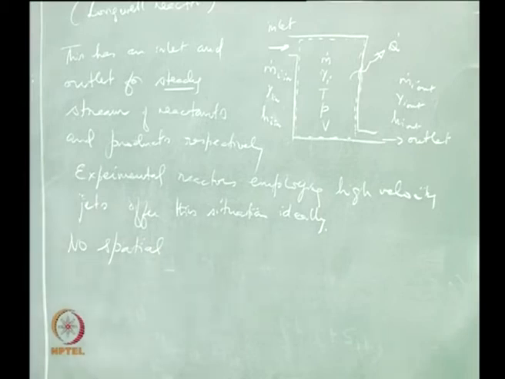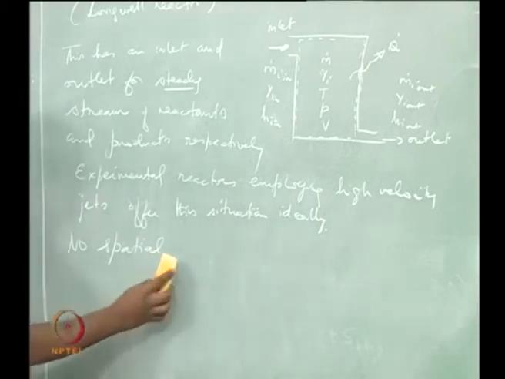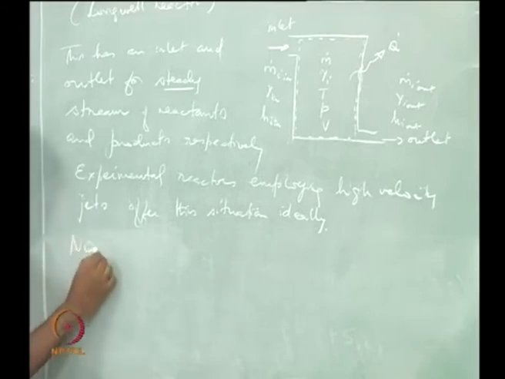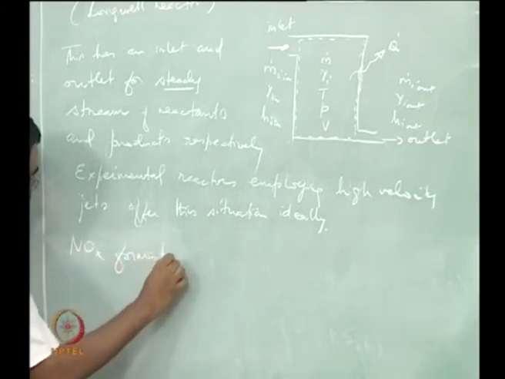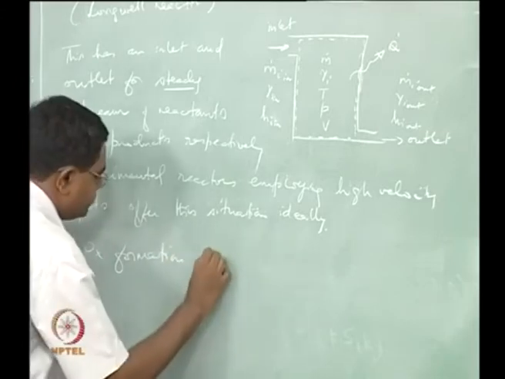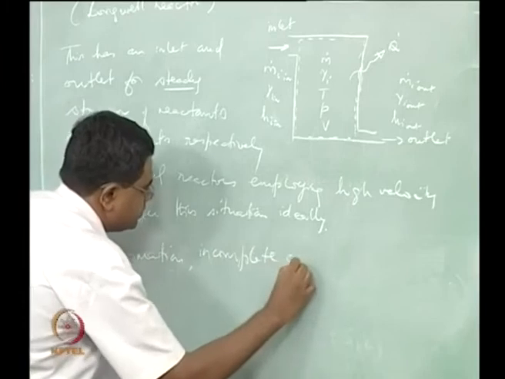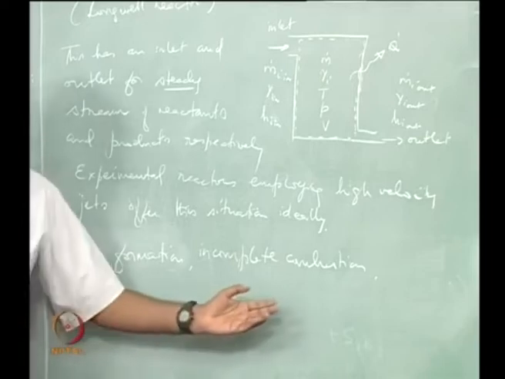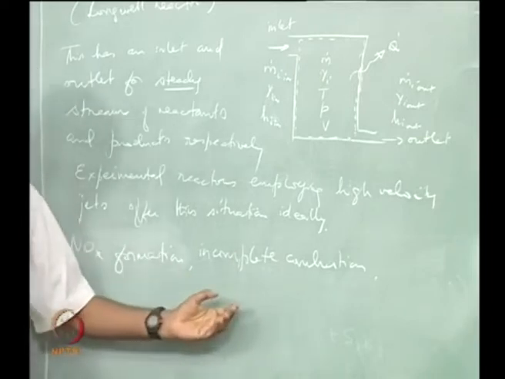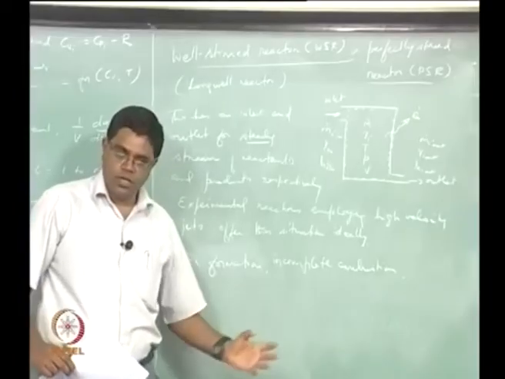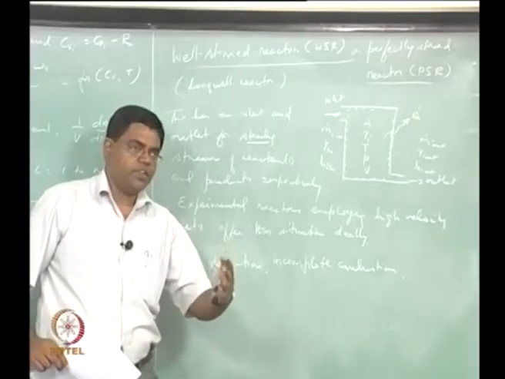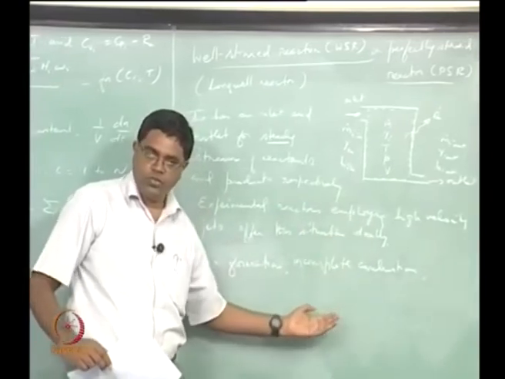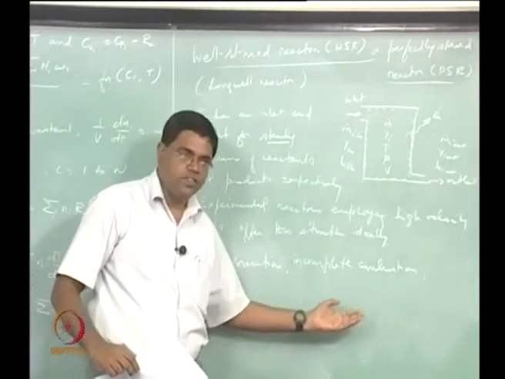I meant to write out something that I got distracted from. Let's just write out NOx formation, incomplete combustion. Incomplete combustion can be quantified from combustion efficiency. Okay, so you can find out how much of the original fuel that you put in has been completely oxidized. Okay, and that denotes what's called combustion efficiency.